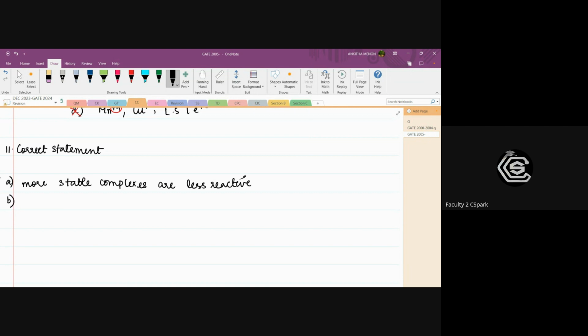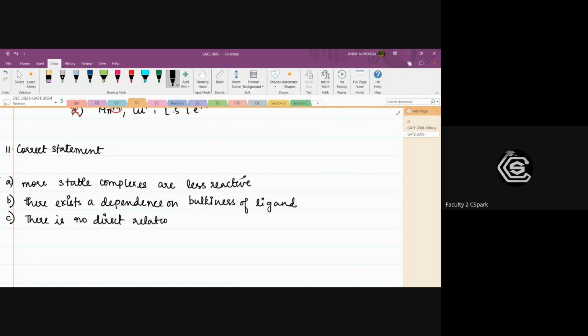Option B, there exists a dependence on bulkiness of ligand. Option C, there is no direct relation between thermodynamic stability and kinetic reactivity.